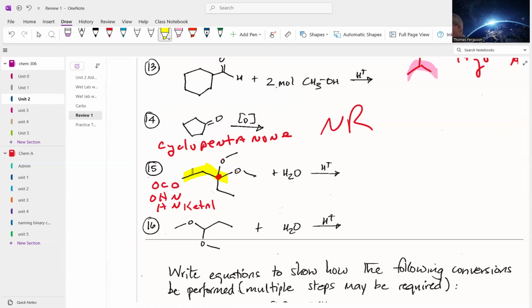Okay, so let's look at, that's the primary backbone. And this would be the secondary backbone. So we've got a 1, 2, 3, 4, 5 carbon backbone.